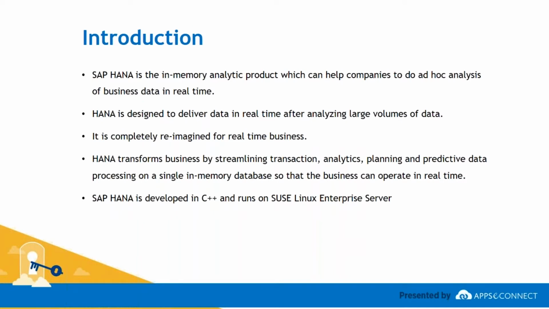SAP HANA, short for High Performance Analytic Appliance, is an in-memory column-oriented relational database management system developed by SAP. An in-memory database means all the data is stored in memory, that is RAM.